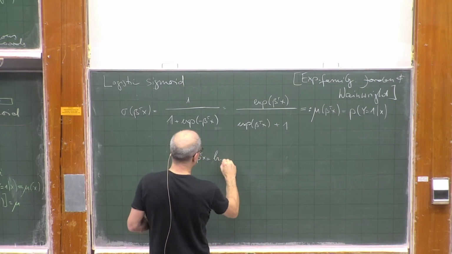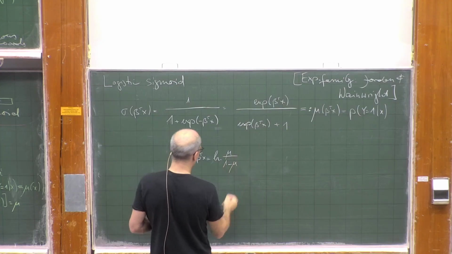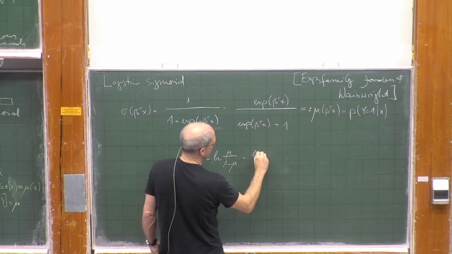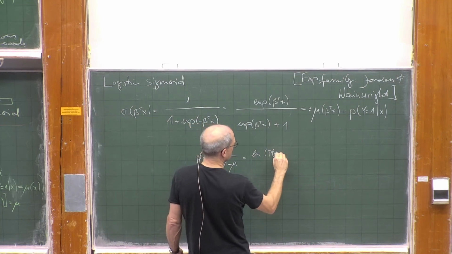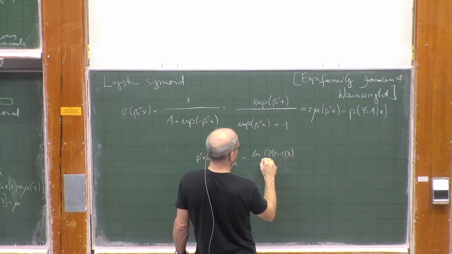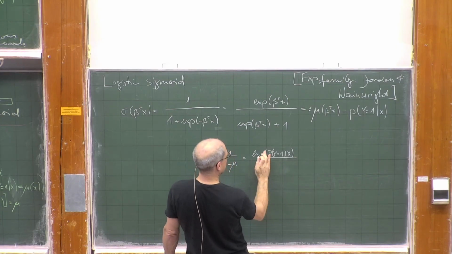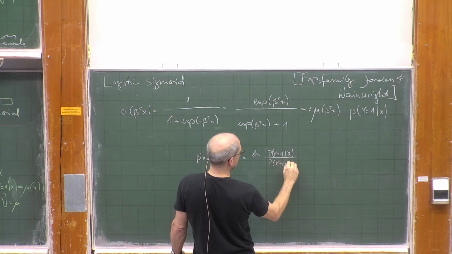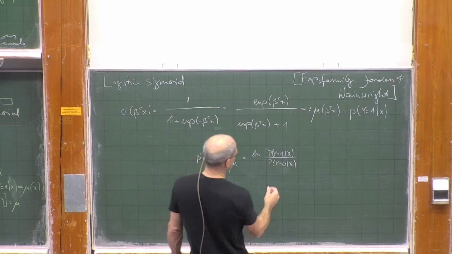And then we get ln mu over 1 minus mu. So it's the ln of the probability of y equals 1 given x divided by the probability that y equals 0 given x.